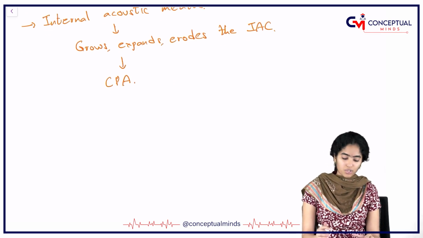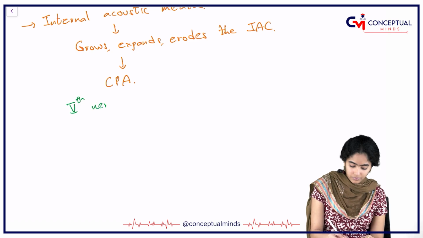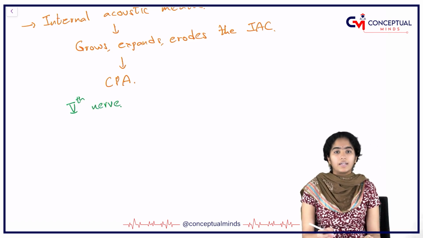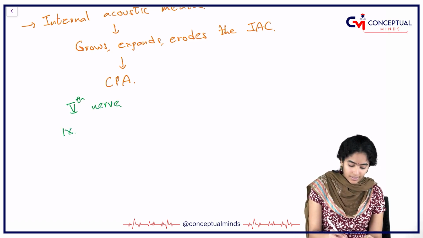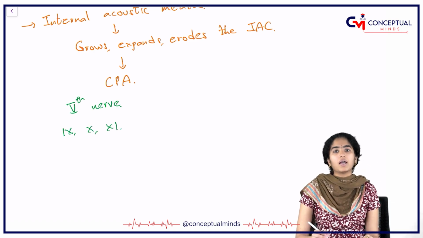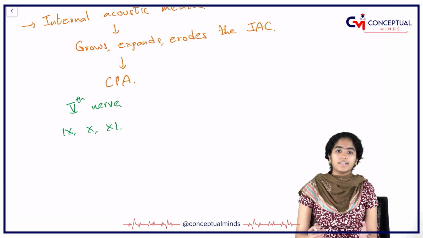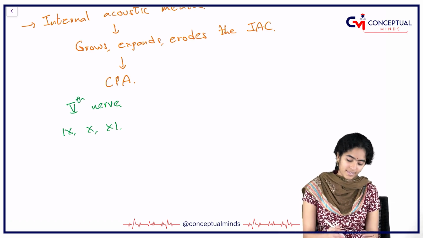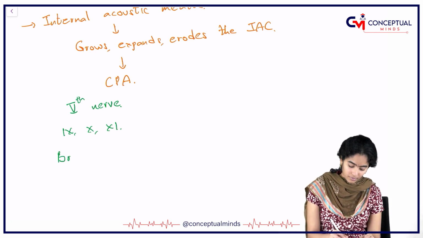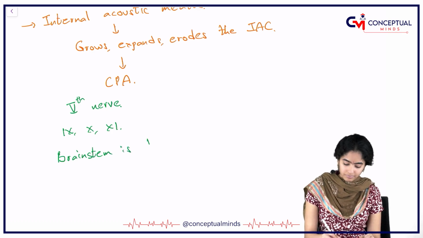The first structure to be affected is the trigeminal nerve. Later on, 9, 10 and 11 cranial nerves are also affected. Then the tumor grows so much so in size that it displaces the brain stem.